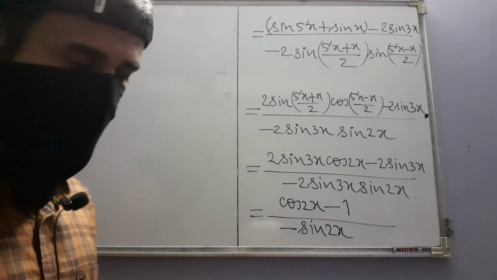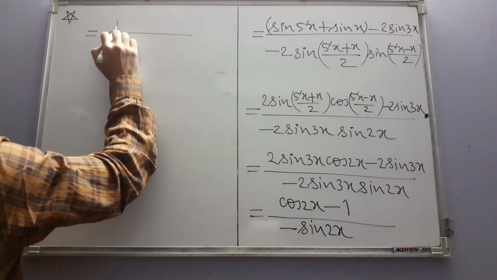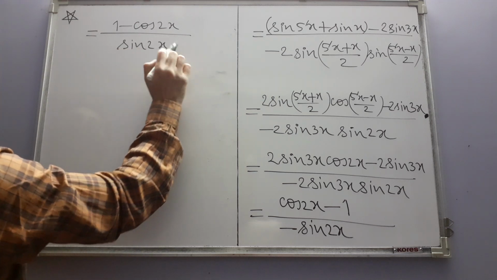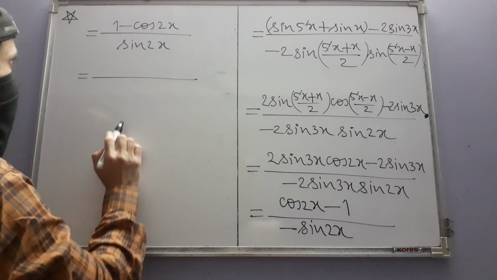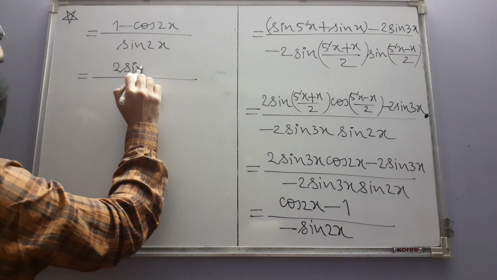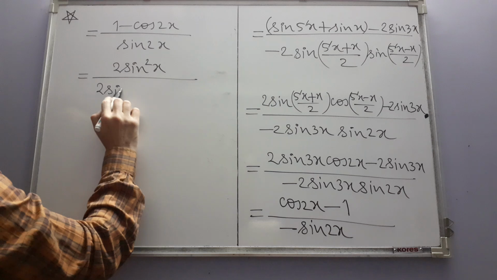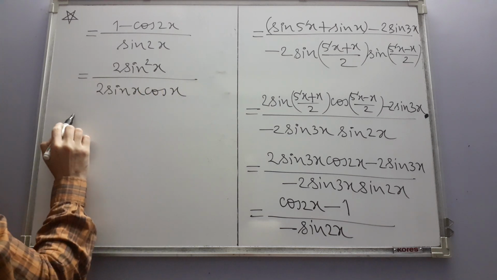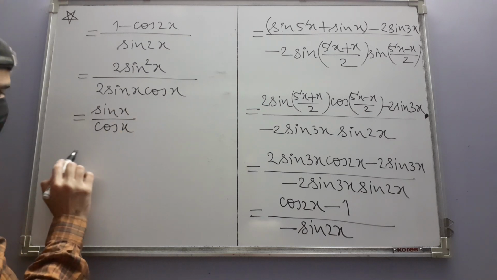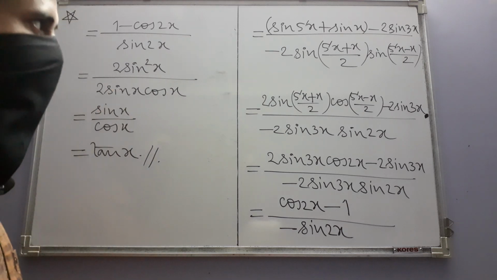Okay, so now if you use the minus sign in the numerator, it becomes 1 minus cos 2x divided by sine 2x. 1 minus cos 2x, you recall your double angle formula, is 2 sine square x, and the sine 2x double angle formula is 2 sine x cos x. So after further cancellation, you have this, which is tan x. So this way you have proved this one as well.